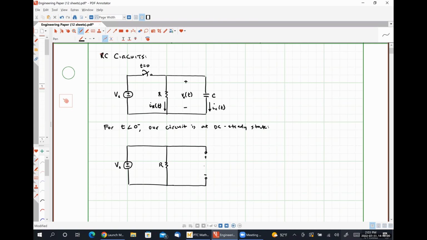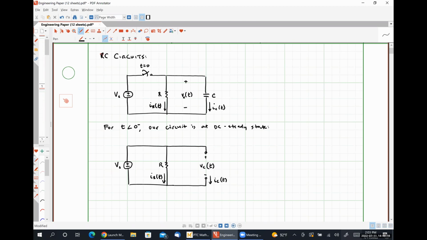Here we have our capacitor voltage, Vc(t). Here is our capacitor current, Ic(t). Here is our resistor current, Ir(t).